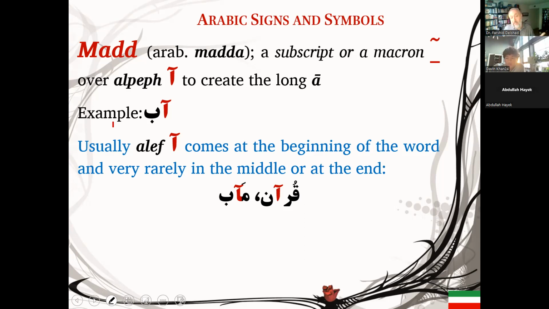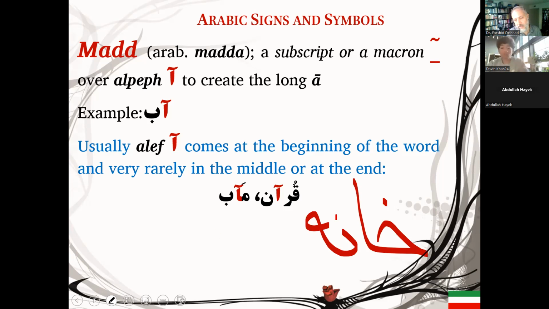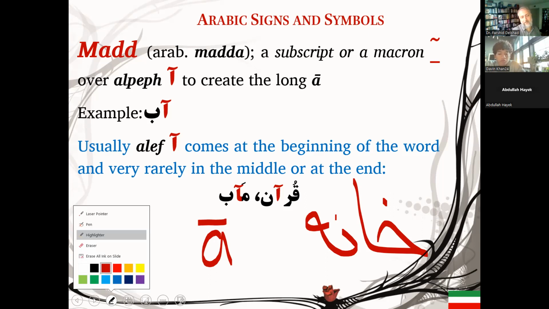So it could be a long vowel, but it doesn't need this tilde if it comes at the end or in the middle. So for example, of course, the word khane, the aleph is long here, but it doesn't have a tilde. That's what I meant. So, okay.